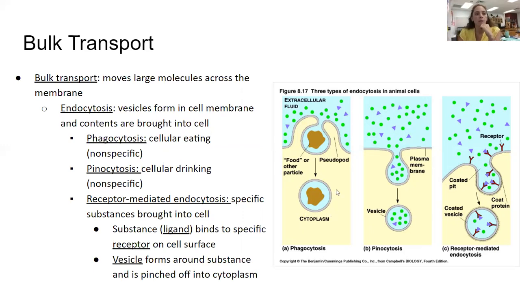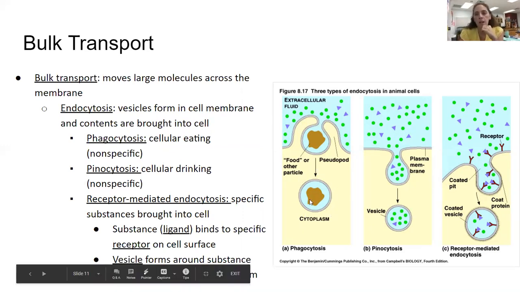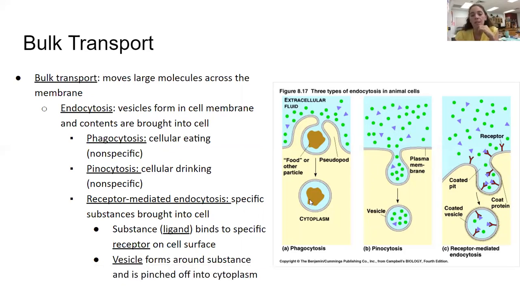A vesicle then is formed around a large solid object. This could be a piece of food. It could also be something like a bacteria. We see phagocytosis a lot in your white blood cells as they capture bacteria. This would then be combined with a lysosome that had digestive enzymes in it to break down the bacteria.